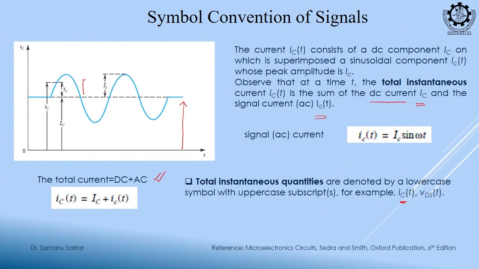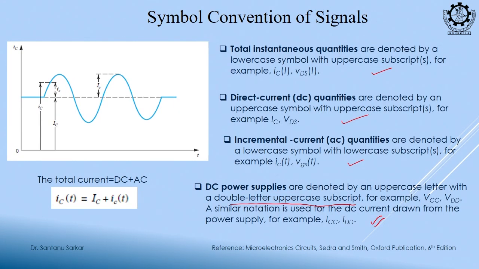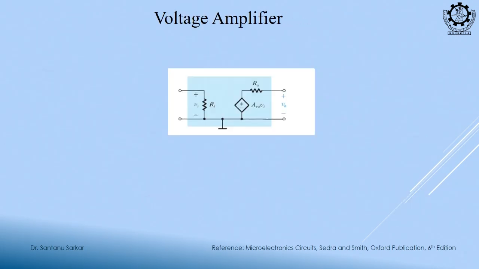Why? Because this is a notation related to the power supply. You may have a collector current IC, which is the current flowing through the collector terminal, but how do you differentiate the current flowing from the voltage source? So we use the notation ICC.